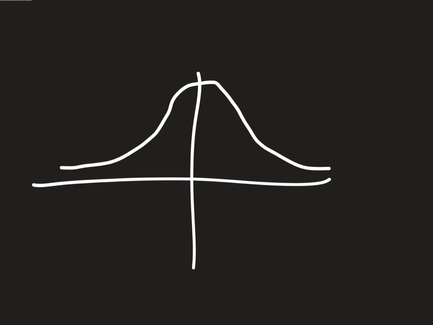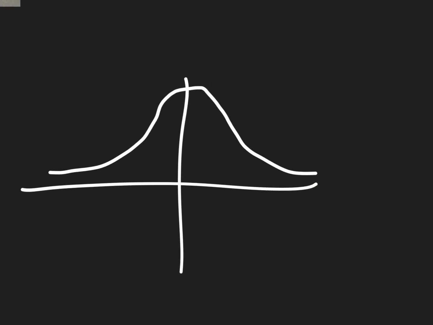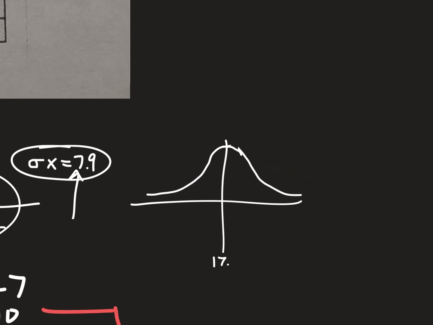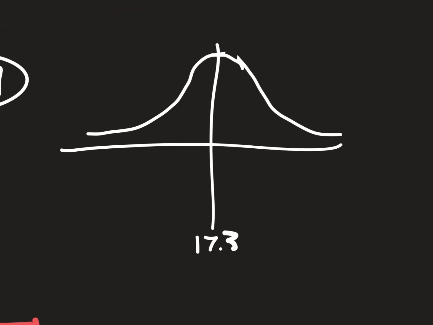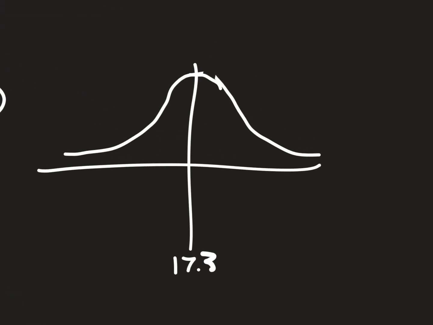Would everybody please draw one of these? It's called the bell curve. And the average was, again, 17.3. And I taught you about going out one standard deviation.